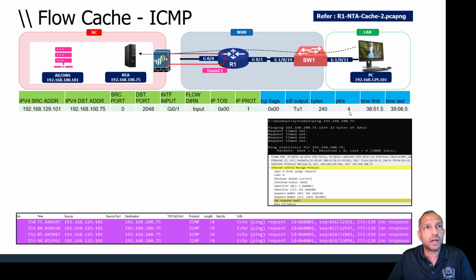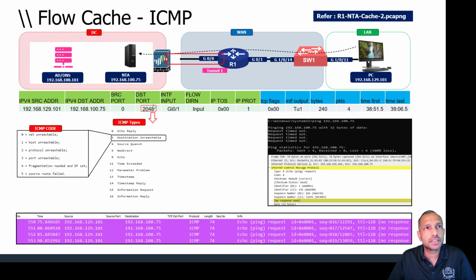Now, what is this destination port? In ICMP, actually, ICMP has different types of packets. Mainly we use echo and echo reply, ping and ping responses. They have something called a type value. So here type value 8 is echo request, and type value 0 is echo response or echo reply.